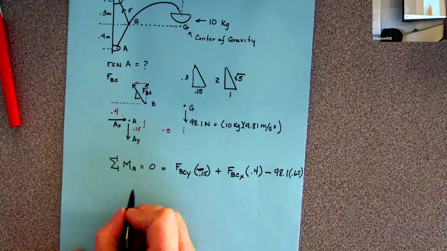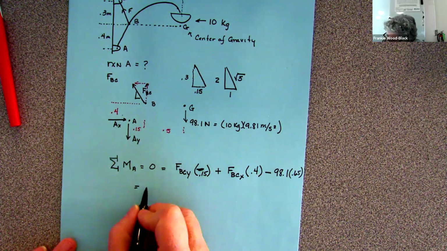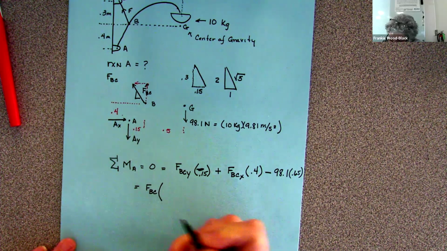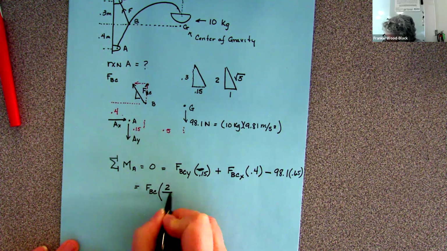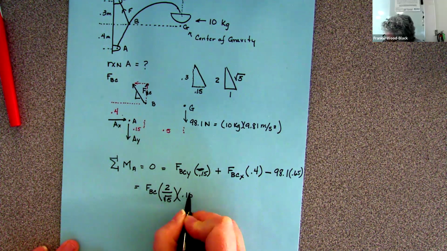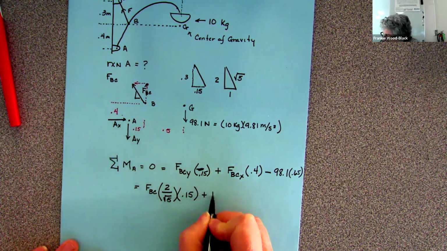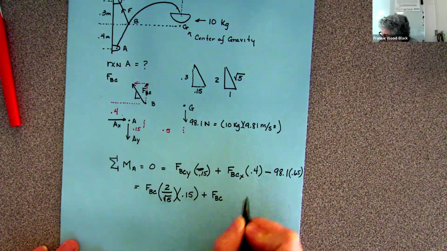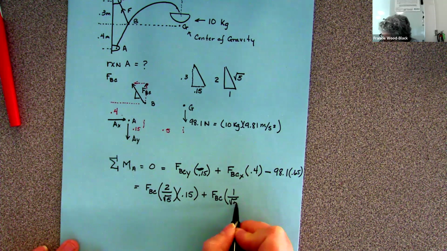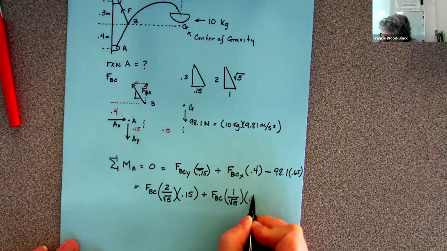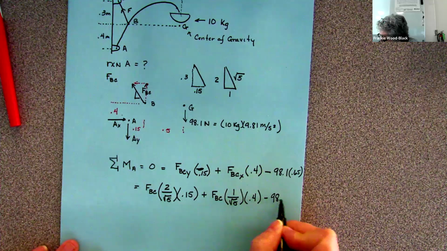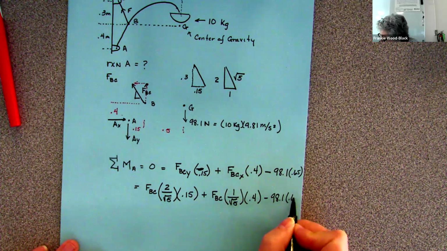If I do this, FBCY is going to be FBC 2 divided by the square root of 5, times 0.15, plus FBC 1 over the square root of 5, times 0.4, minus 98.1 times 0.65.